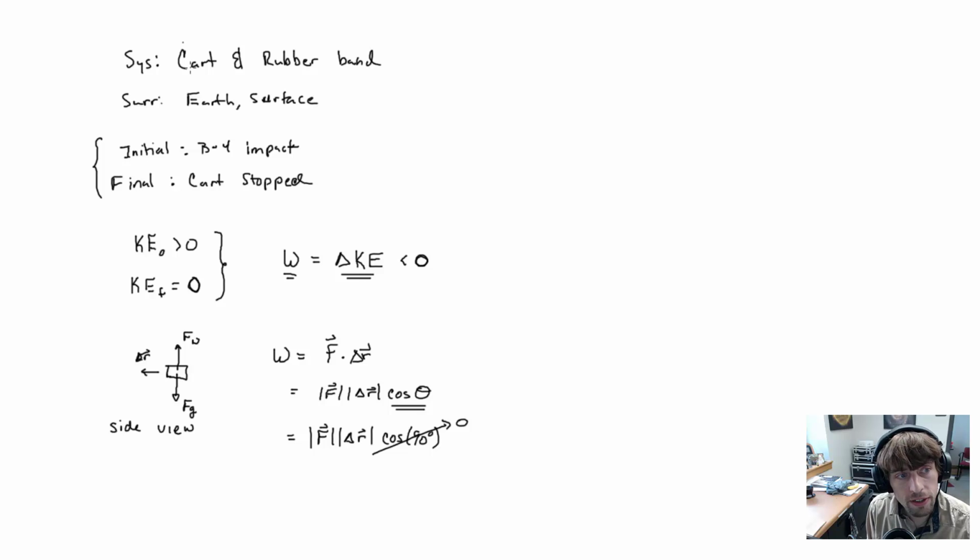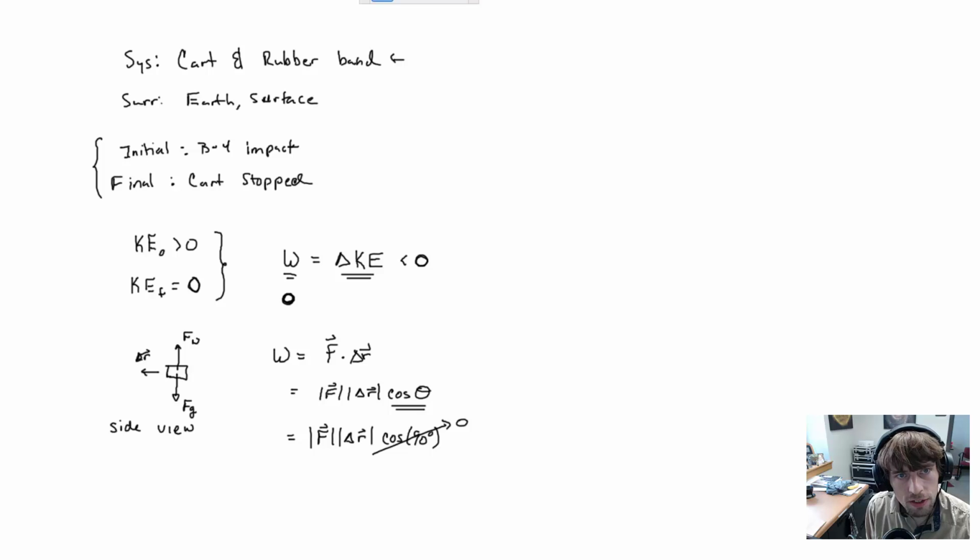That means that neither the Earth nor the surface do work on my system. That means looking at this, the total work should be 0. So my total work is 0, but my kinetic energy change is less than 0.